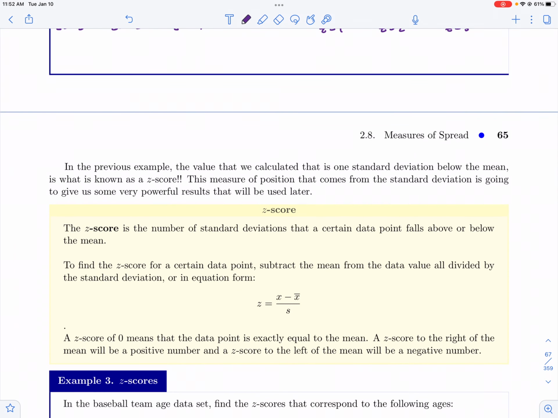And so our z-score, again, is just a number that represents how many standard deviations away it is from the mean. And to calculate our z-score, we're going to use the following formula, where in this case our x represents the number that we're trying to find the z-score of. So it represents the data value of the z-score we're interested in.